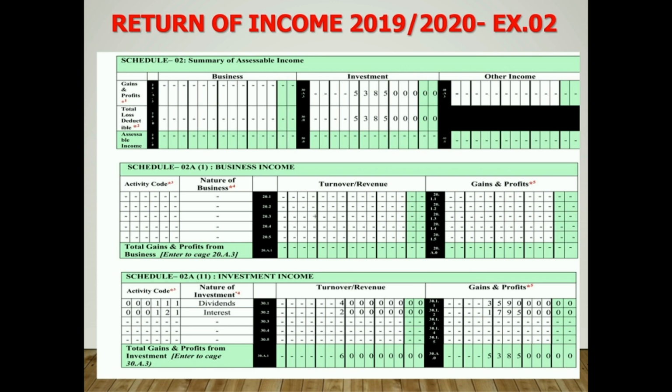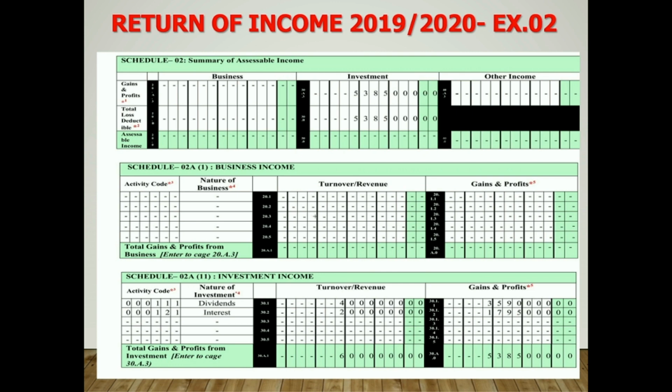In this case, you have to start the return filling from schedule 2A and 2B. We don't have business income, so we can put a hyphen in all cages of subschedule 2A1.